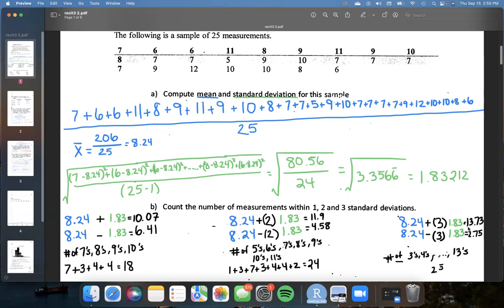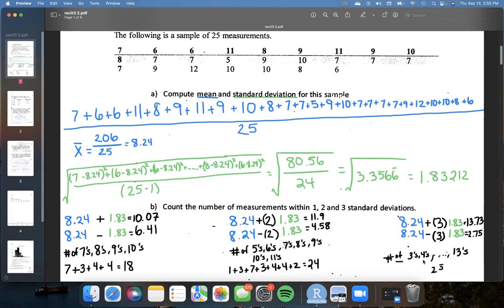So our upper bound in this scenario is 13.73, and our lower bound is 2.75. So here we want to count the numbers of 3, 4s, 5, 6, 7s, 8, 9s, all the way to 13. 14 would be outside that.